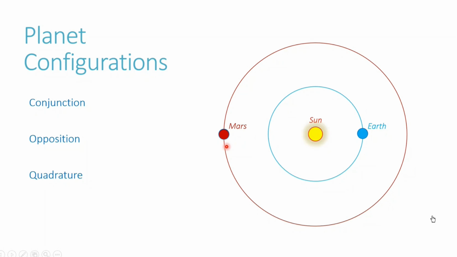Now both Earth and Mars are revolving around the sun in their orbits. The speed at which they are revolving around the sun is different. All the planets have different speeds.